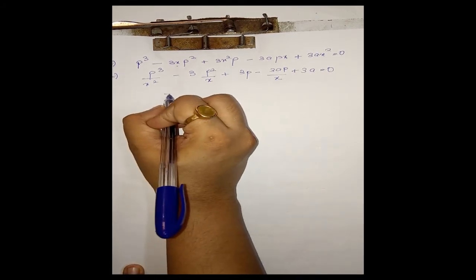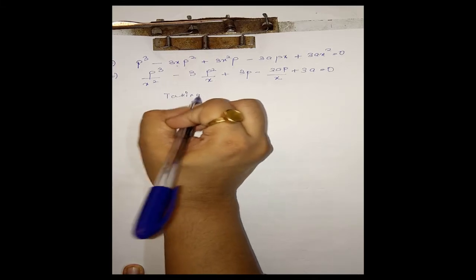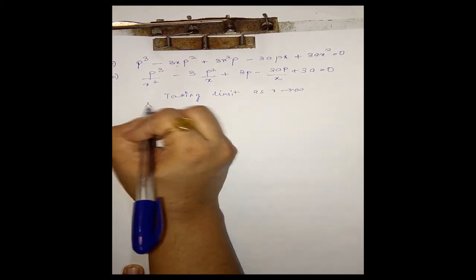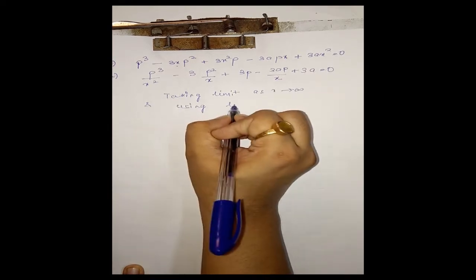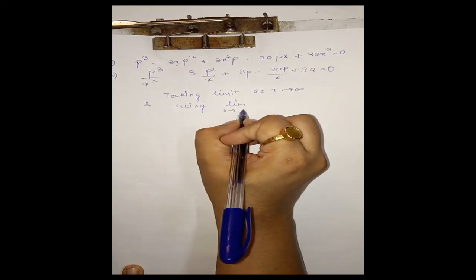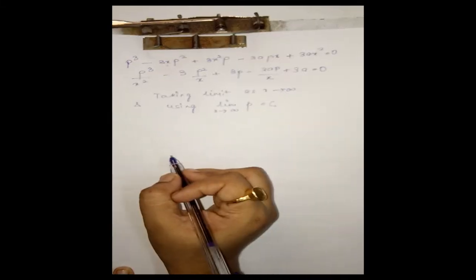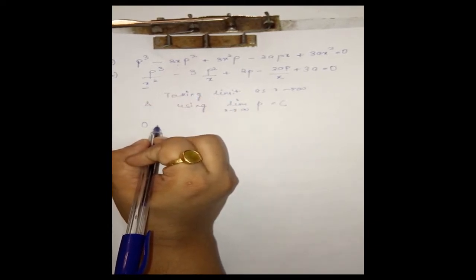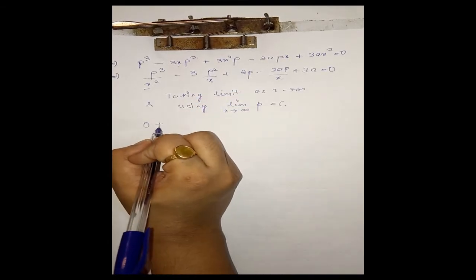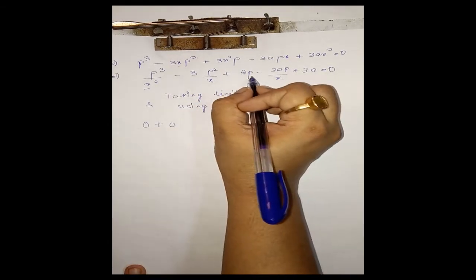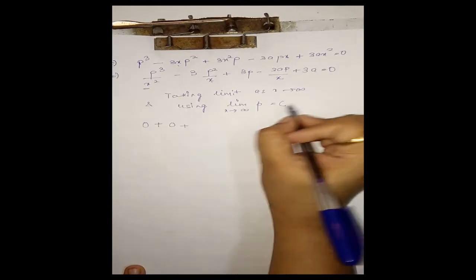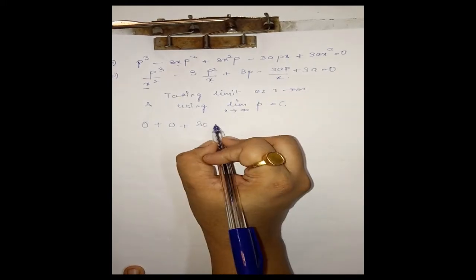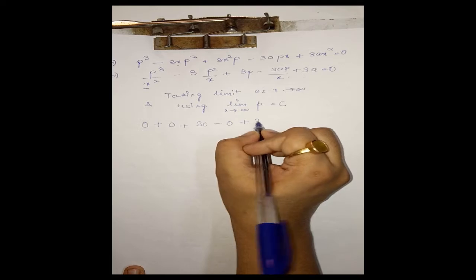Now on taking the limit as x tends to infinity and using limit x tending to infinity, p is equal to c here, we get the first term 0, the second term 0, this again will be 0, this will be 3p, and on taking the limit this will be 3c, this will be 0, and this is 3a.